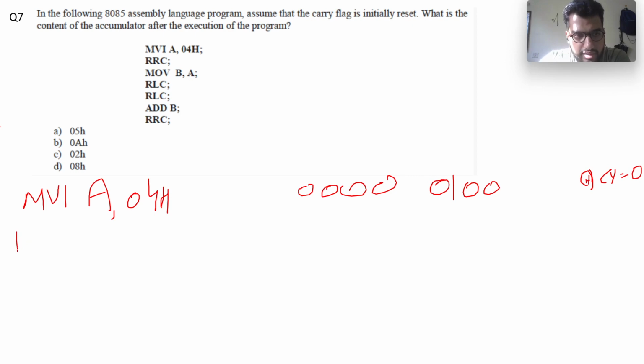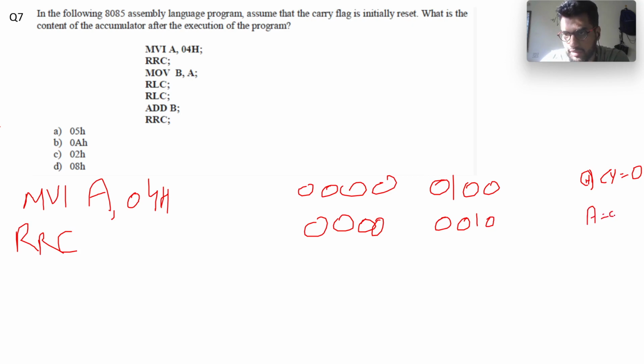Then I have the instruction RRC, rotate accumulator right. Every bit position is shifted towards right. That is basically the divide by 2 operation. So this will be 0 0 0 0 0 0 1 0. So now the contents of accumulator is 02 hex.